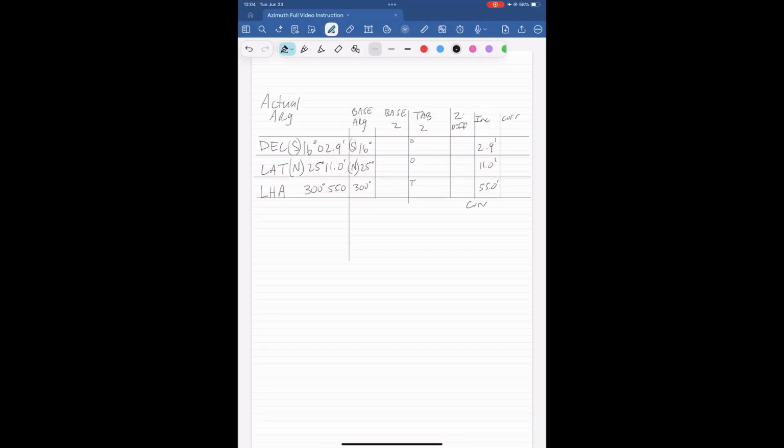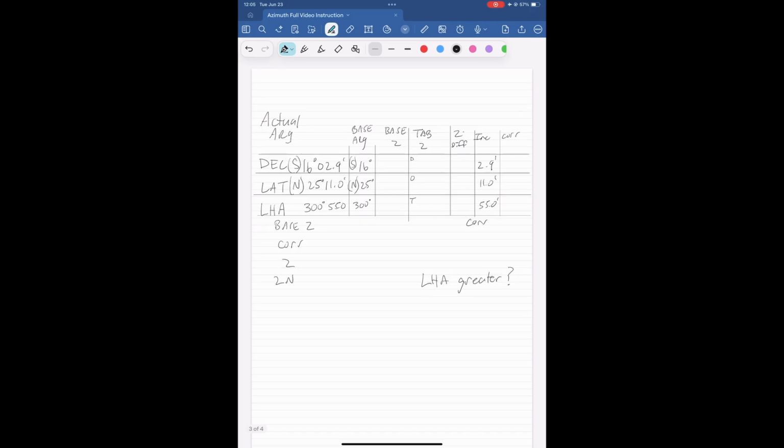So corrections, base Z, correction, Z, Z, N, okay? And I always like to say this right here. I ask, is LHA greater? I always just ask myself that question.